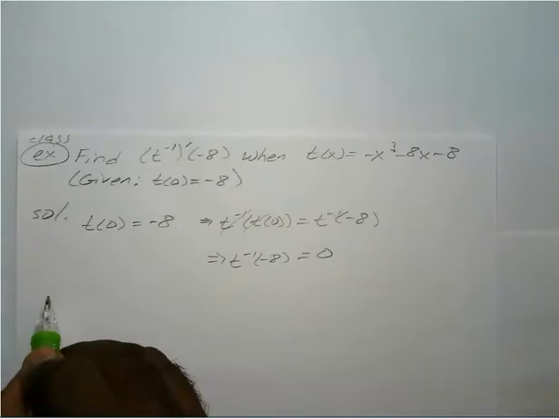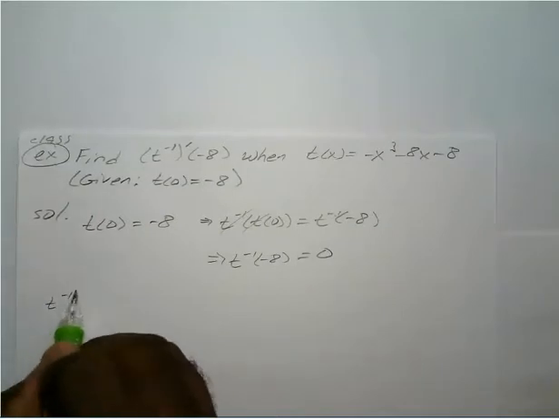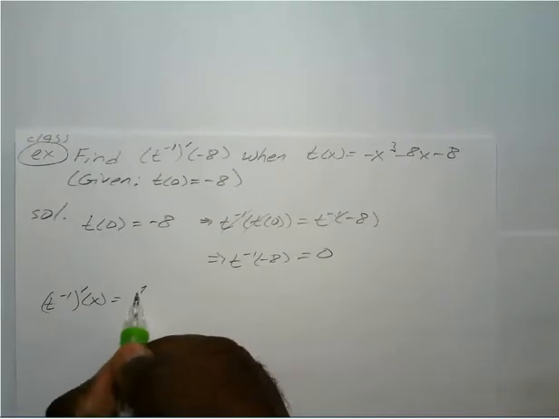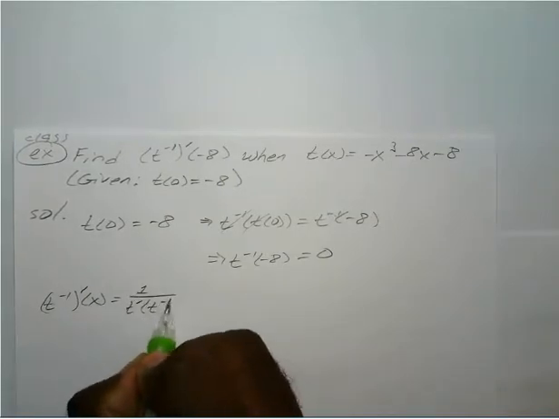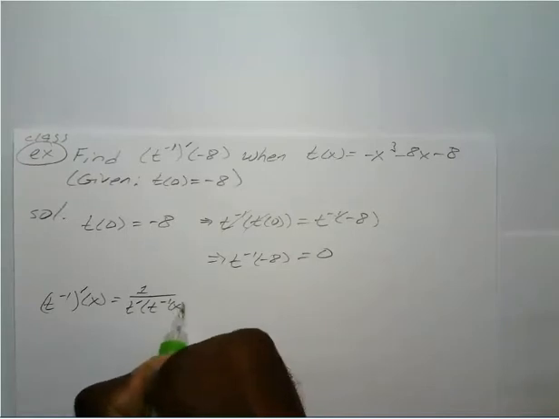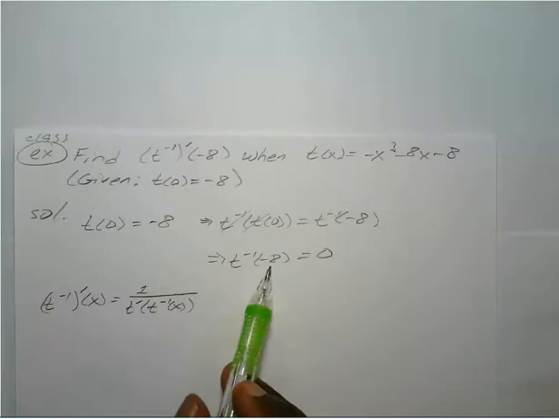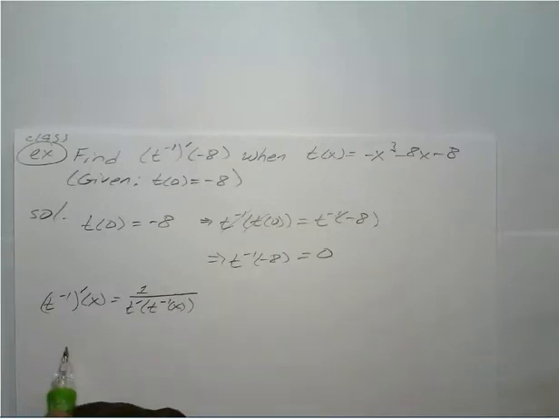Okay, so if we plug in our formula where t inverse prime at x is equal to 1 over t prime of t inverse of x. Okay, now in this case, our x is equal to -8.